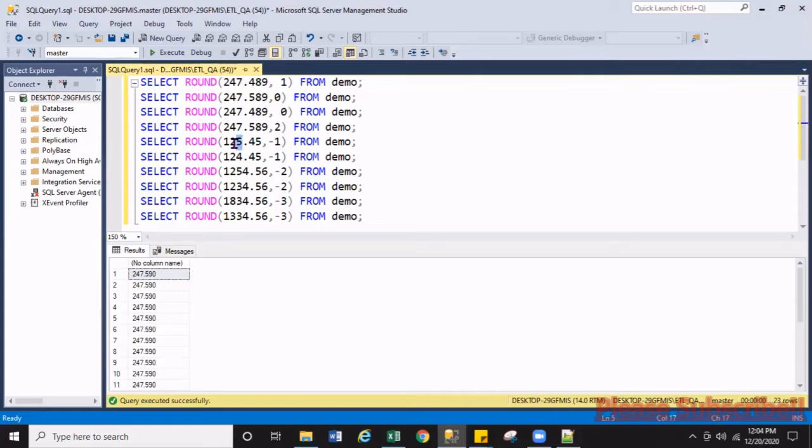So what happened is here it will become 0 and it will add one number to the 10th position. So if I run this query, it will become 130. Why? Because 5 is leading to the 10th position. So that's why 5 becomes 0. But 10 will add one number to the 2 and it becomes 13. 130.